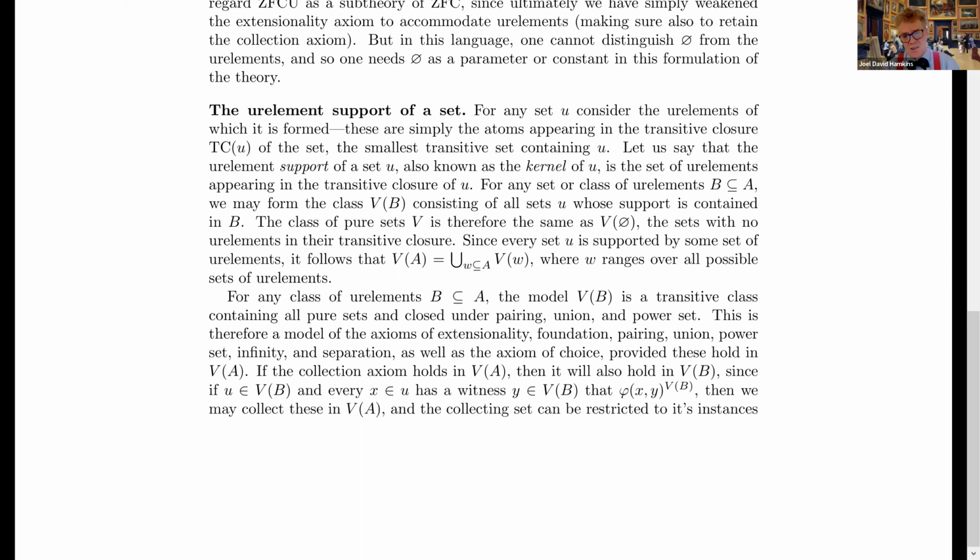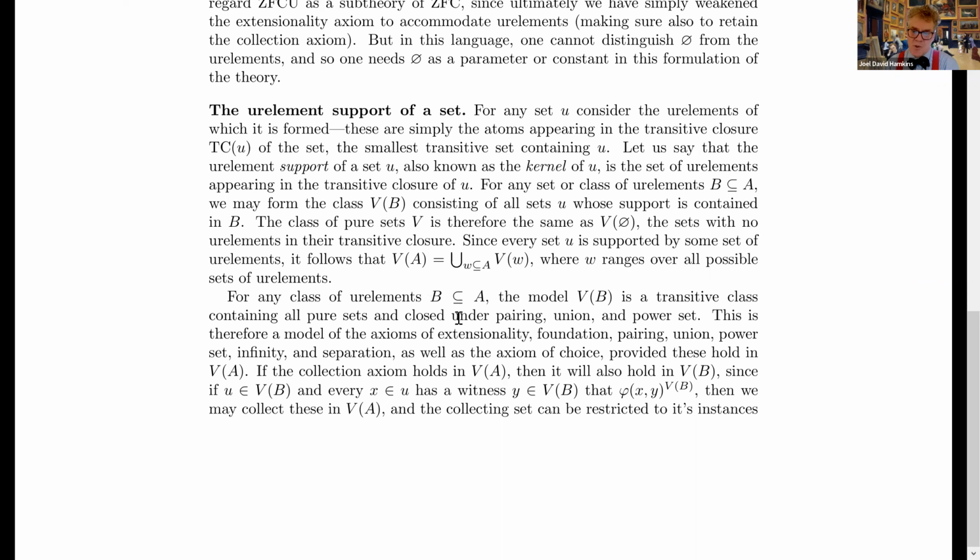And so for any class of urelements B, we can form the class V of B, which is just the sets whose support is contained in B. So the pure sets is V of the empty set, because those are the sets that don't have any urelements in their transitive closure. But the entire universe is the union of all the V of B for every set B of urelements, because every set will have a set of urelements in its transitive closure, and so this union constitutes everything, even when there is a class of urelements.